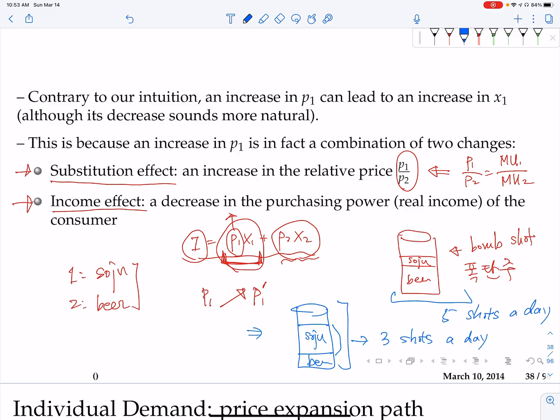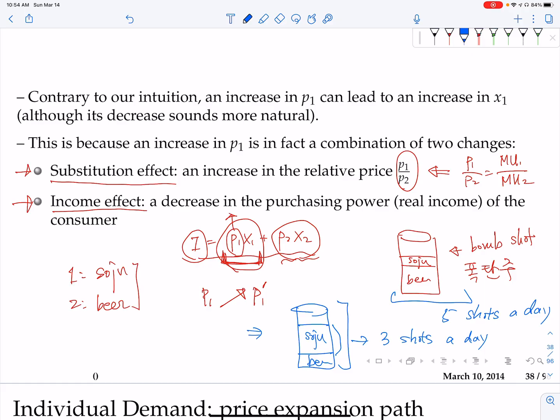So if the income effect is the opposite of the substitution effect, that means x1 is an inferior good, and the absolute magnitude of the income effect is larger than the absolute magnitude of the substitution effect, then eventually it's going to cancel out the substitution effect, and you're going to end up consuming more of the first good.